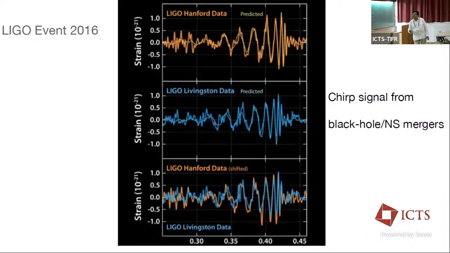Okay. The recent gravitational wave detection, which everybody knows, is a signal observed at Hanford and Livingston, these two detectors of LIGO, and now there are many more detectors. There is an offset of a few milliseconds, which you account for as the time that the gravitational wave takes to move from one detector to the other, depending upon the orientation of the source.